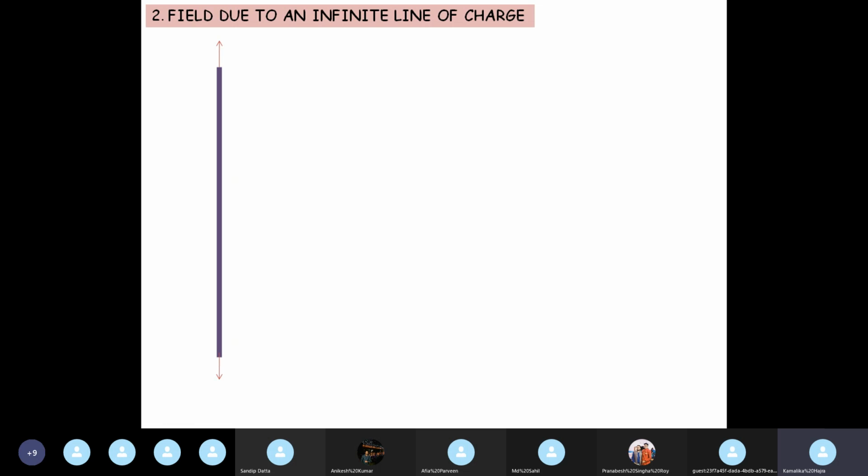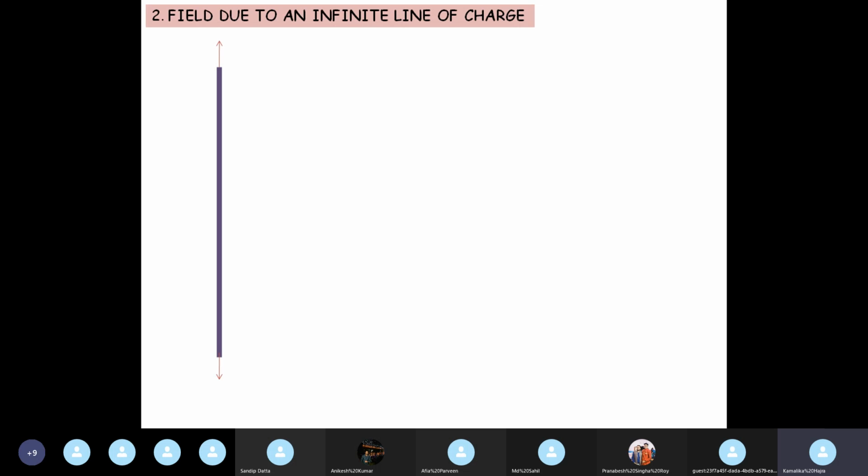Now obviously, for practical purposes, you do not get a rod or a wire or a rope or a string which is infinitely long. When we say something is infinitely long, we mean that if this is a rod, then it must have a radius, right? Even if it is a very thin wire or string, it will have a radius because it's cylindrical in shape.